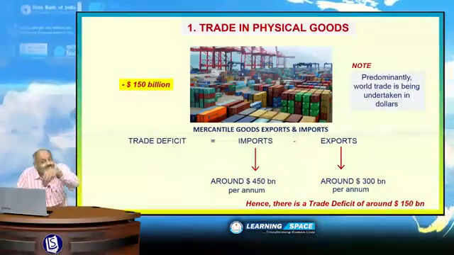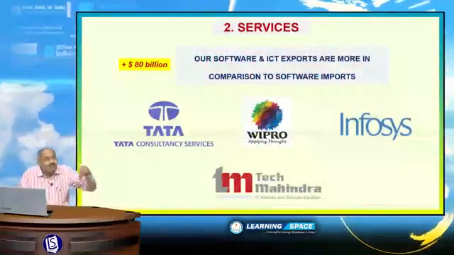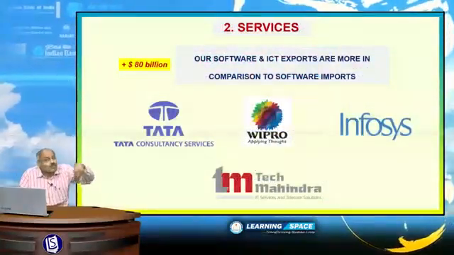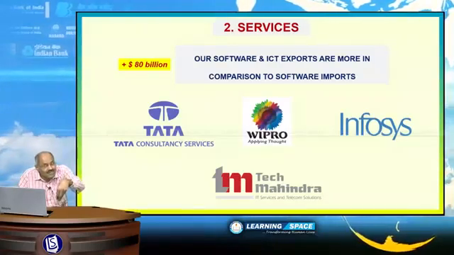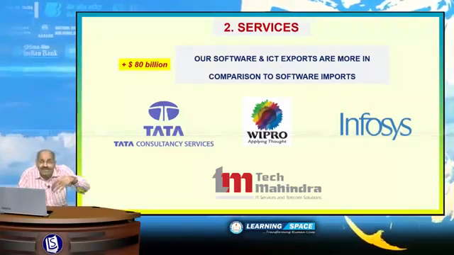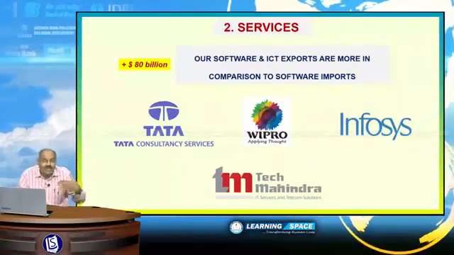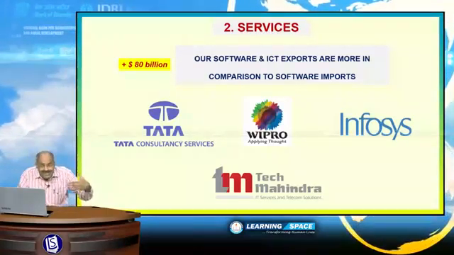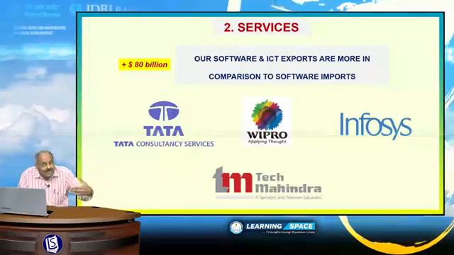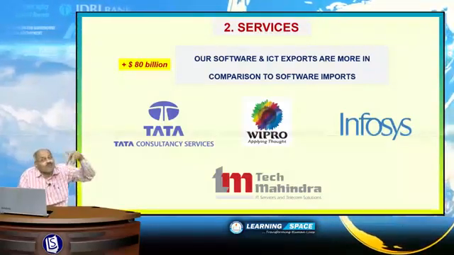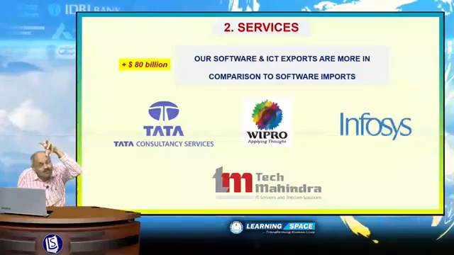If you look at the services, what is meant by services? All of you are well aware that we export software to foreign countries. We have several software companies based here, Wipro, Infosys, Tech Mahindra, TCS, all of you are well aware. Their predominant income is coming from North America and Europe.